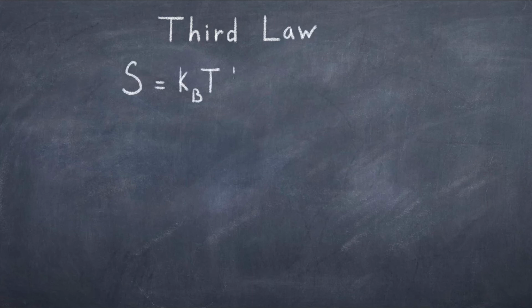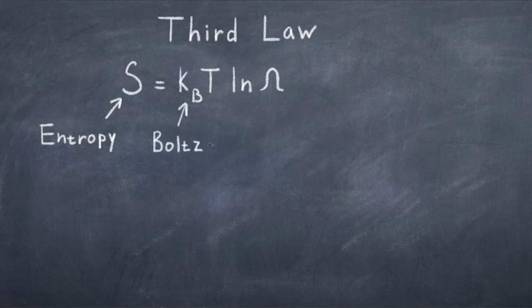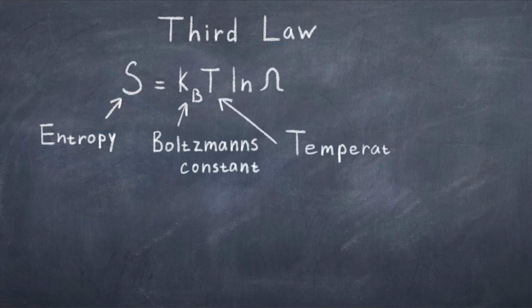Finally, we can discuss the third law of thermodynamics, which builds on the relation between temperature and the possible states or configurations. We can write S is equal to k_B T ln omega. From this equation, we can see that the entropy S is the product of Boltzmann's constant k_B, temperature, and the logarithm of the number of microstates omega.